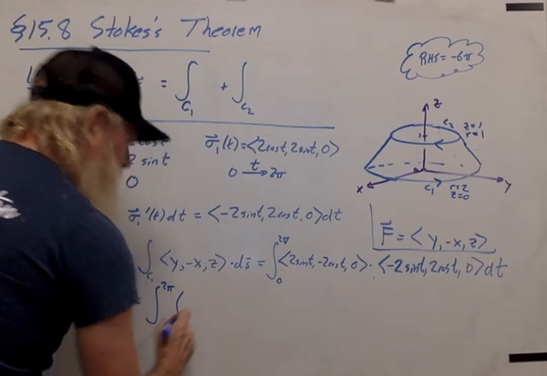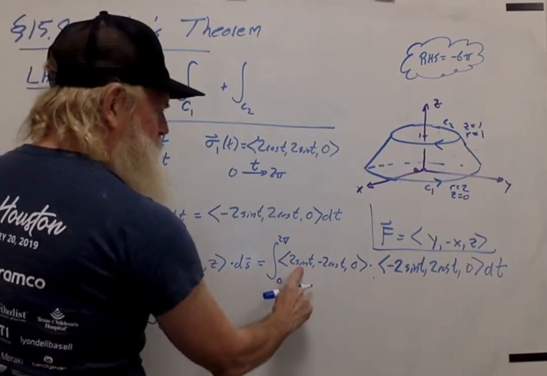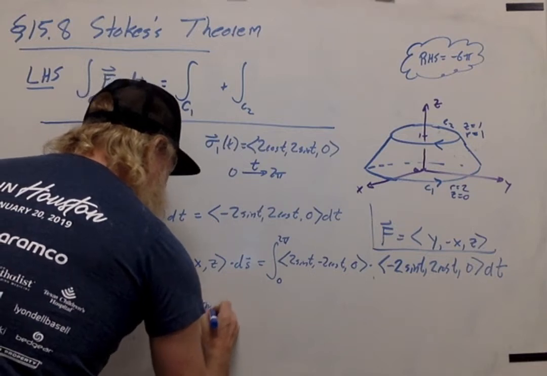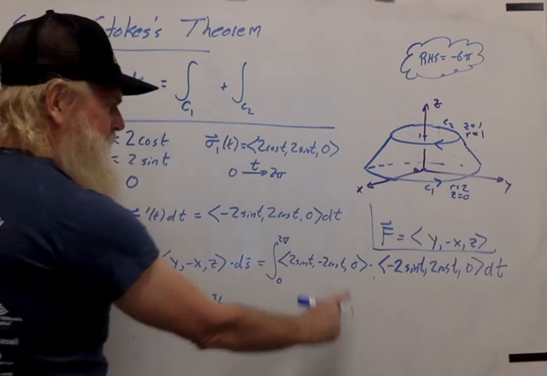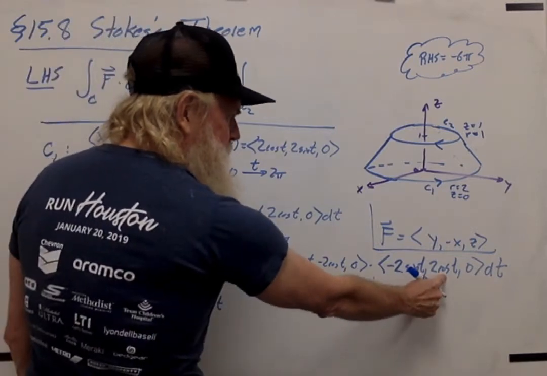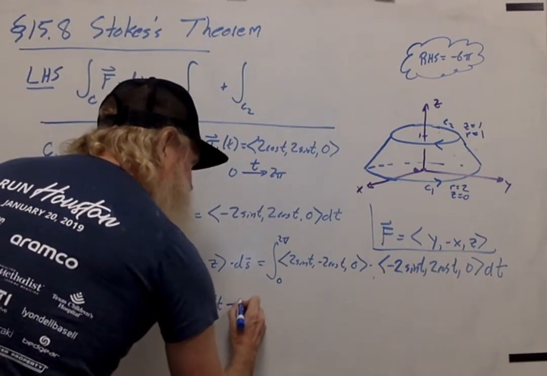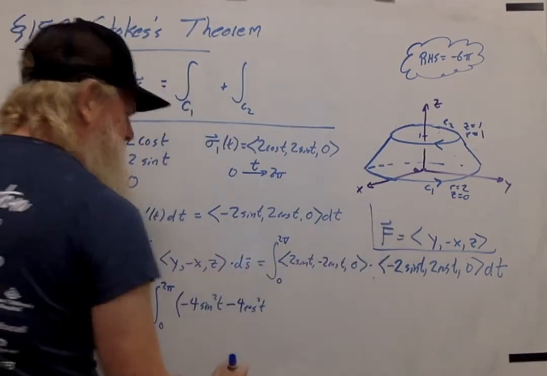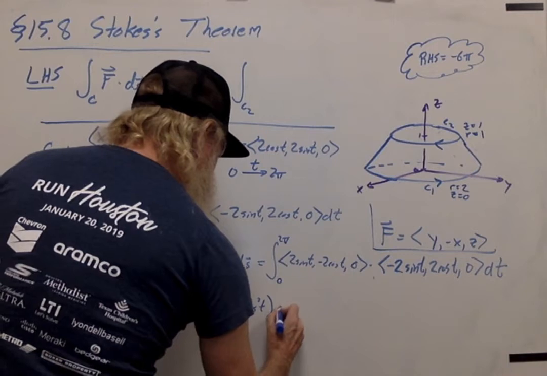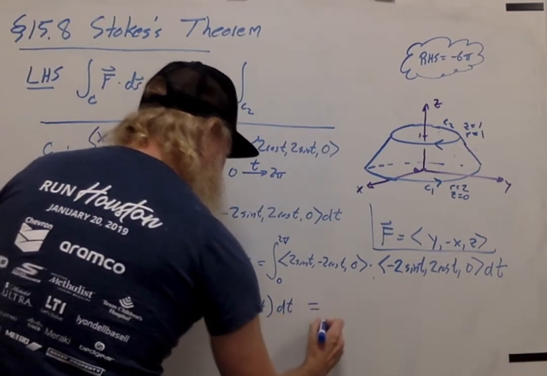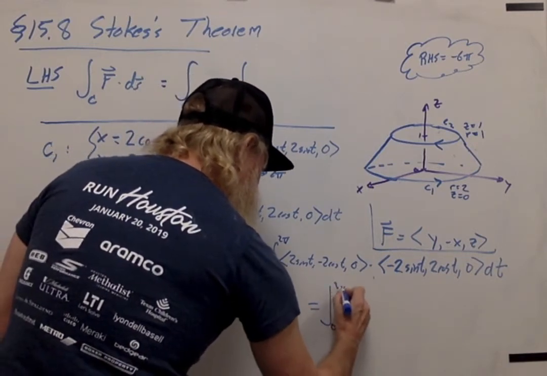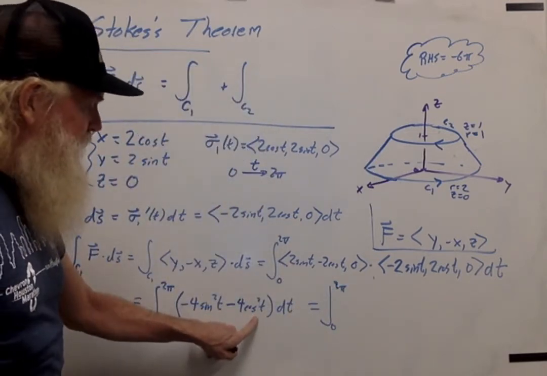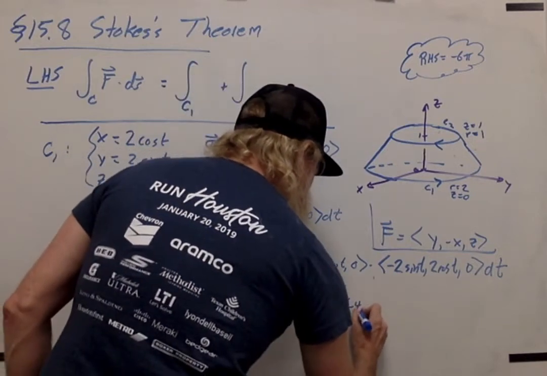Now let's carry out the dot product and then integrate. 2 sine t times negative 2 sine t is negative 4 sine squared t. Negative 2 cosine t times positive 2 cosine t is negative 4 cosine squared t. And then 0 times 0 is 0. Negative 4 sine squared t minus 4 cosine squared t is just negative 4.